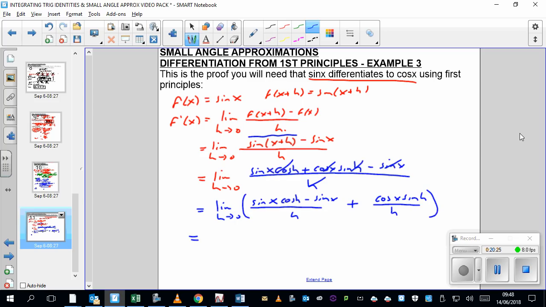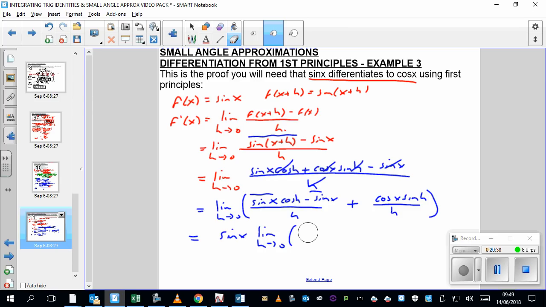Now, can you see I can take out a factor of sine x here? And sine x has nothing to do with h, so that's why I can put it on the outside. So on the inside I've got cos h, take away 1, over h.